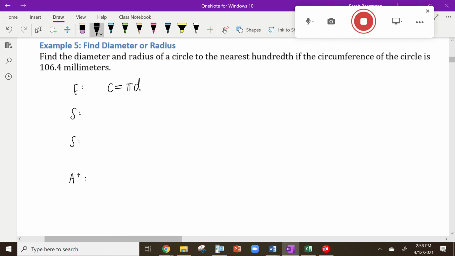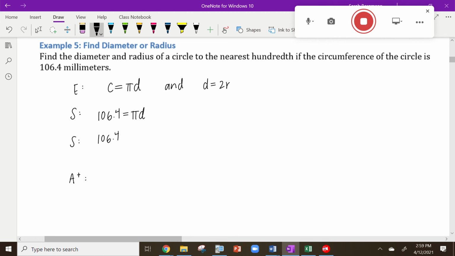But to make it simpler, I'm just going to use this formula. Circumference equals pi times diameter, and then I'll know that the diameter equals 2 times the radius. So I'll use that next to find the radius. Substitute in what you know. I know the circumference is 106.4 millimeters, so I'll plug that in for C. C stands for circumference.